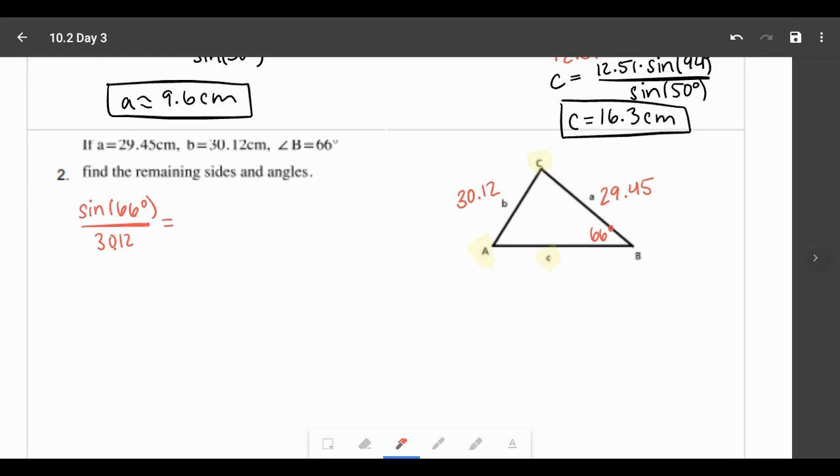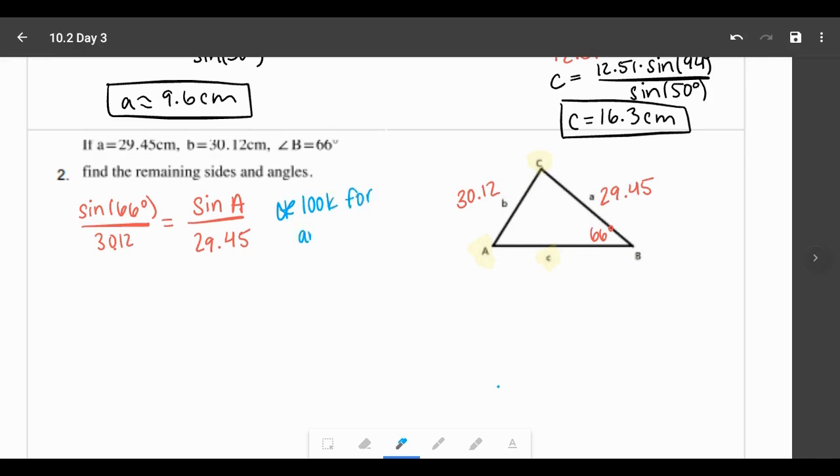And we're going to set that equal to, since we're given side A, sine of angle A over 29.45.